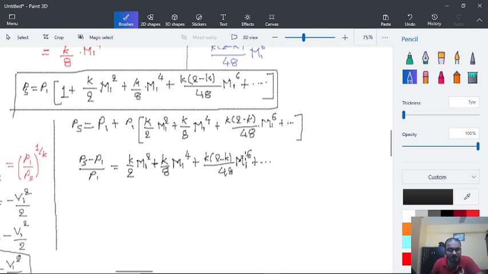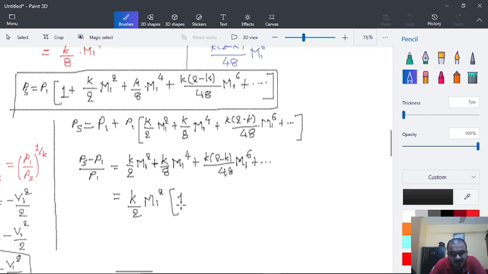Now further we will be working on this by taking k upon 2 into m1 square as common.